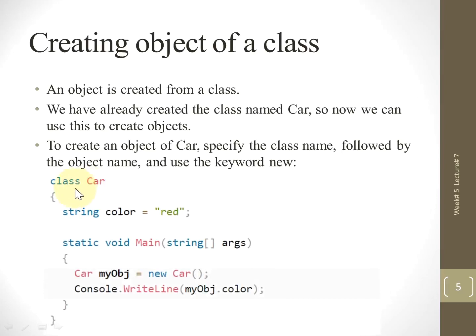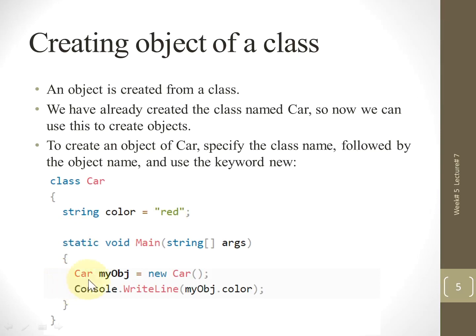As we previously created a class named Car, we defined a data member having a string data type and initialized with the value red, and we have a main method within this class body.